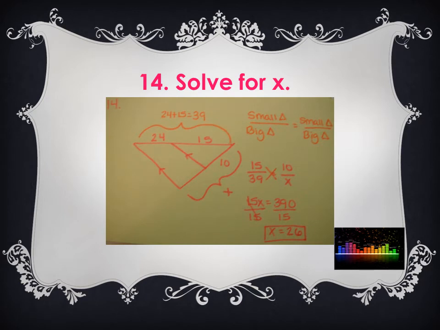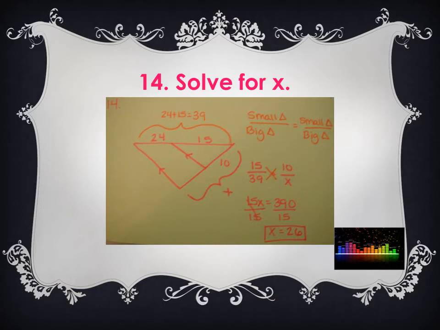You are given a triangle with a line going through it. That line is parallel to one side of the triangle. Because these two are parallel, the line through the middle breaks the sides of our triangle up into two proportional parts. We can do small triangle over big triangle equal to small triangle over big triangle, and vice versa.